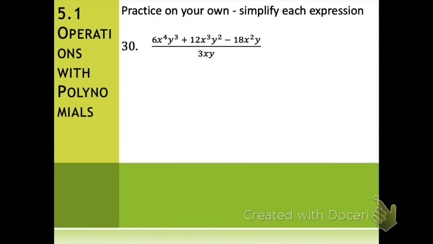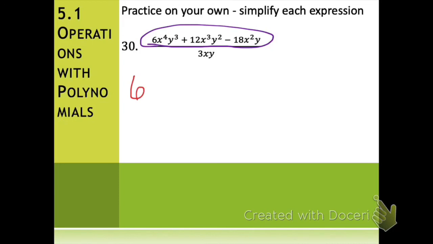Ooh, looks complicated. Well, I am going to factor the GCF from the top and see if anything cancels. If I just look at the top, I'm going to find the GCF. What's the greatest common factor that goes into those three numbers? 6.